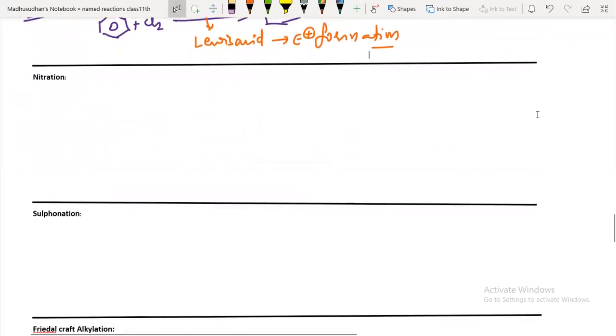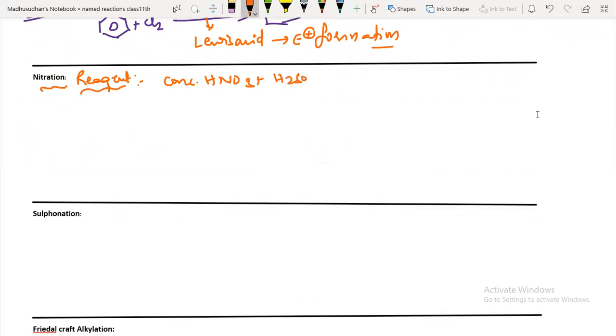Next one, nitration. The reagent used in nitration of benzene I'm talking about: concentrated HNO3 and sulfuric acid H2SO4. And the temperature maintained in this reaction is 323 to 333 kelvins.